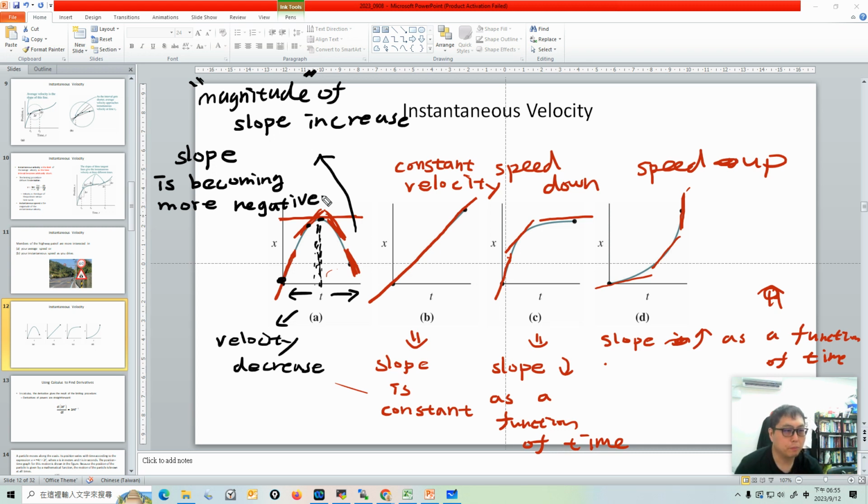So I think the best description is reverse direction, because the slope is negative. So it means reverse delta x. Yeah, reverse direction.